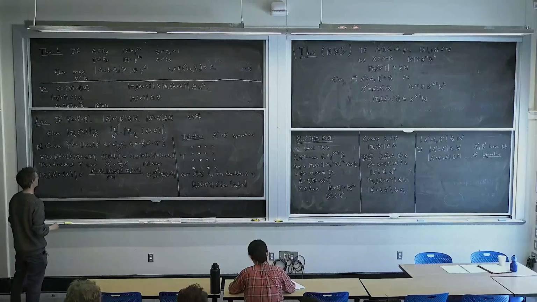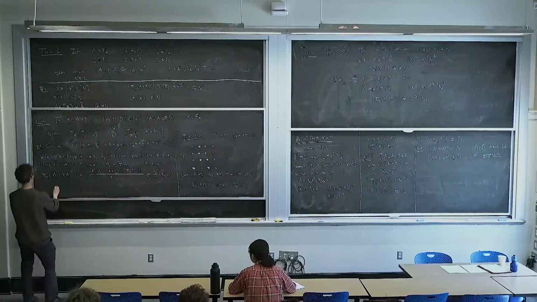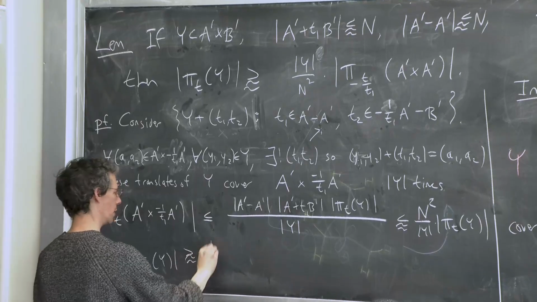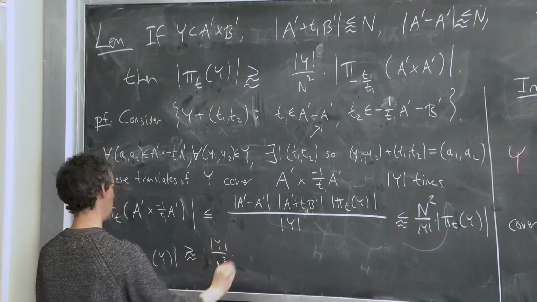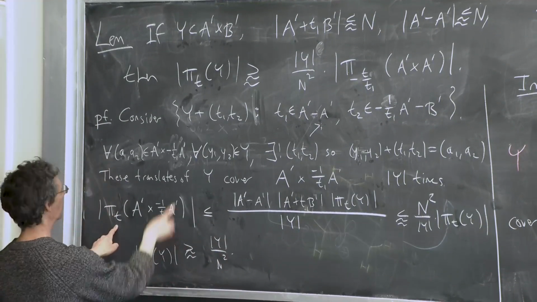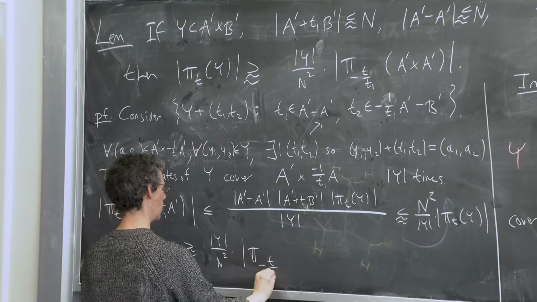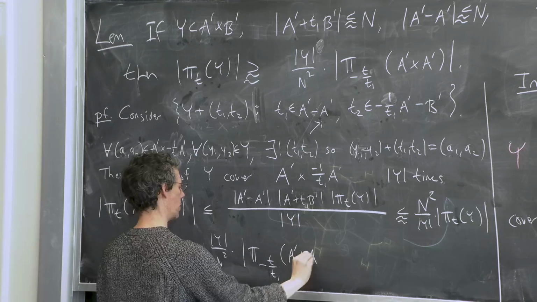And that's basically our final inequality. Put the pi t of y by itself: pi t of y is greater than, up to constants, |y| over n squared times the size of this, which is equivalent to pi of negative t over t1 of A prime cross A prime.